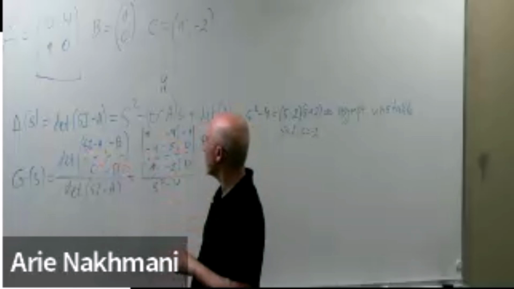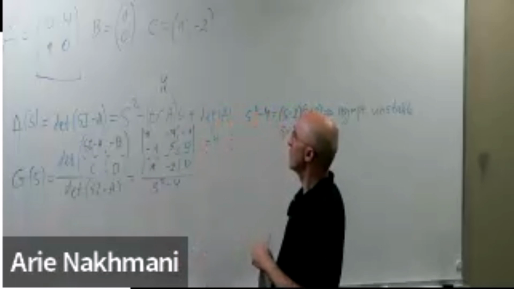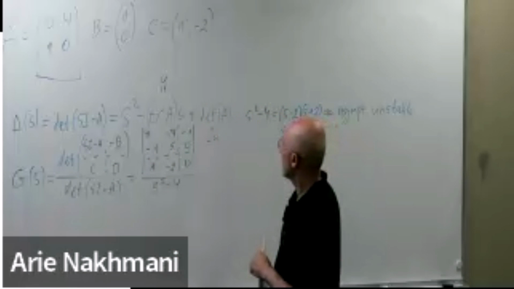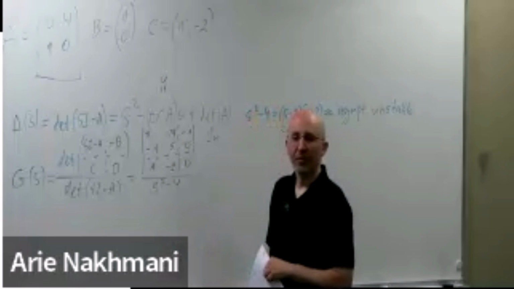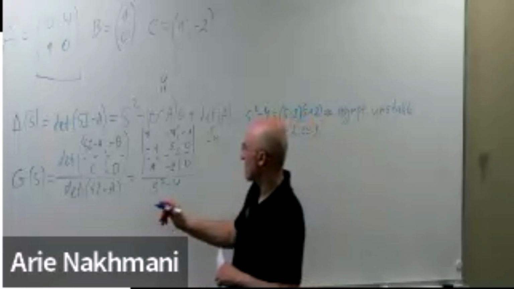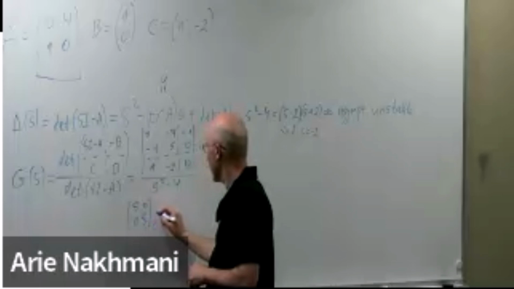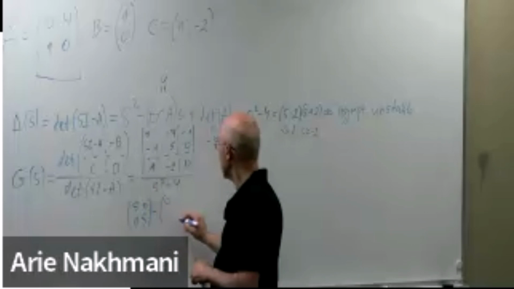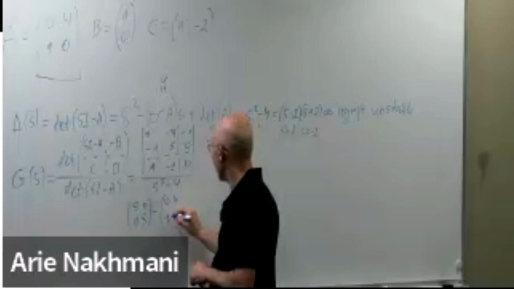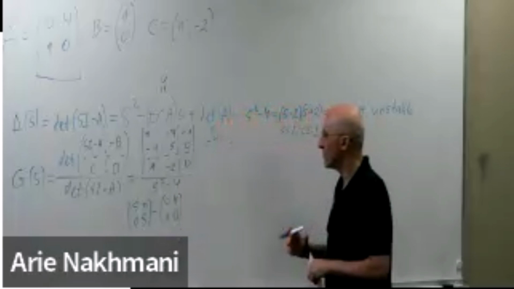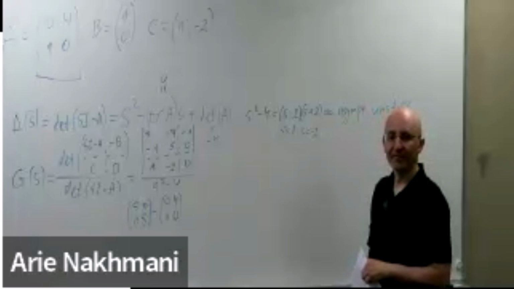It's minus 4 here. Yes, something like that. Because you have s, 0, 0, minus 0, 0, 4, and 1. Okay.